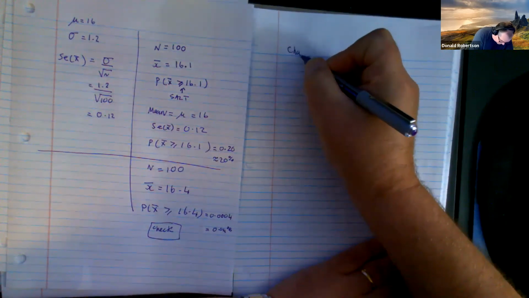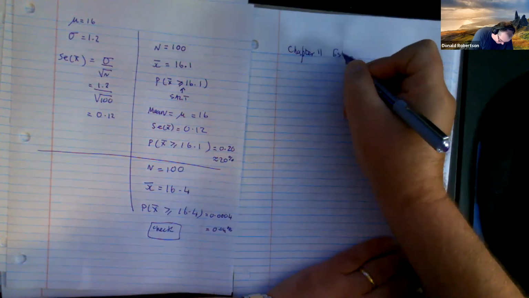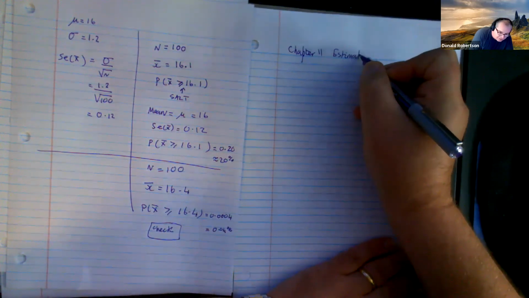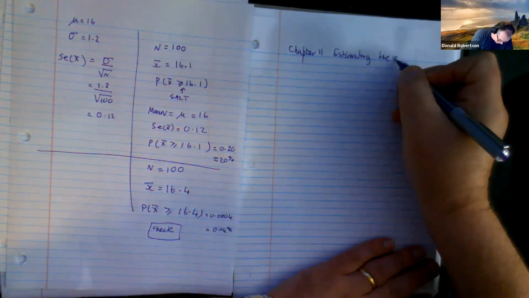Okay. Give me a few moments to close this one off, and we'll be looking at our chapter 11 next, once I figure out where the heck it is. So we're going to be doing chapter 11, estimating the value of a single mean.